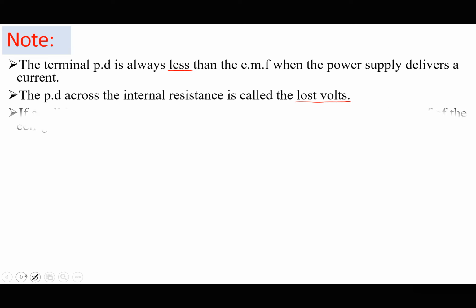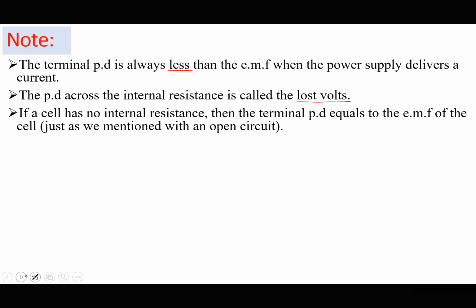Also, I want you to note that if a cell has no internal resistance, like in many cases, you will be told to assume negligible internal resistance. Then the terminal PD is going to be equal to the EMF of the cell. So many times we shall be given a circuit, such as this one here, and they will tell us to assume that the cell has negligible internal resistance.